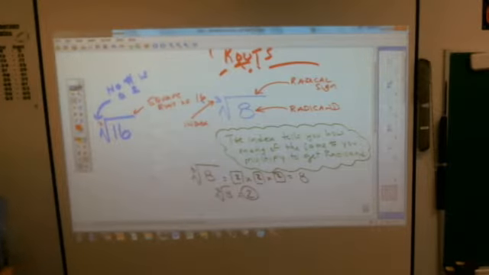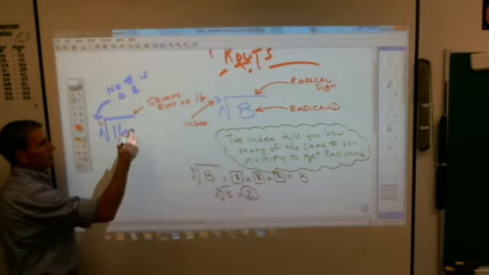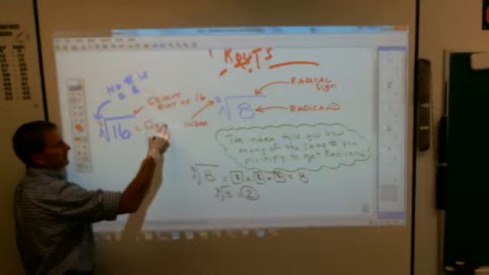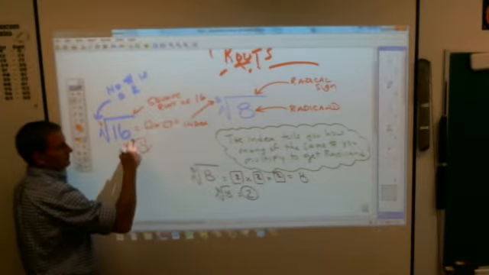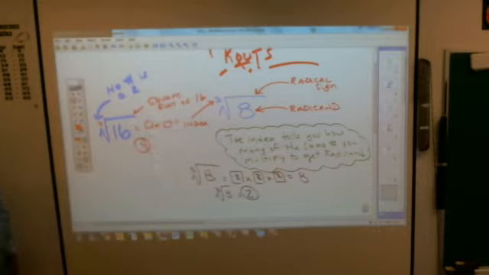We call that the square root of 16, which simply means what number times itself gives you 16, and that would be 4. Again, please remember, this is not division. This is not division.